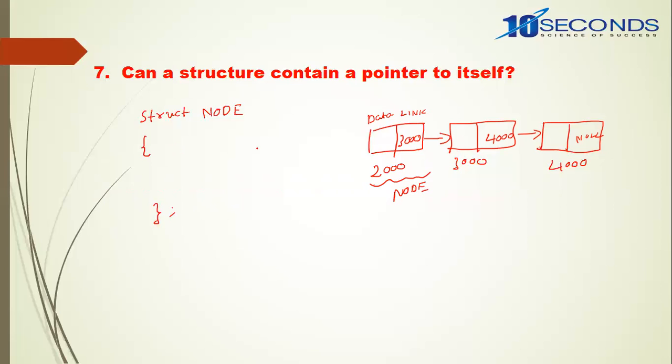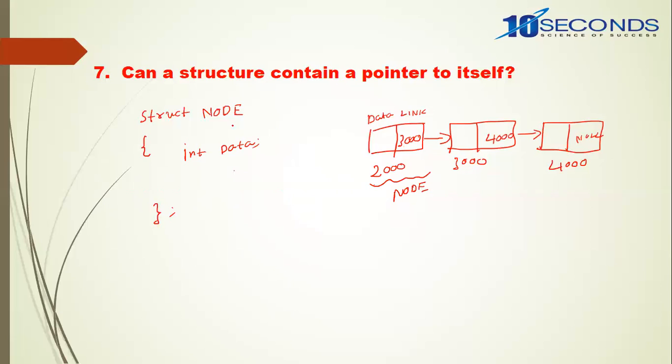So here, this data field is, think of integer. I give int data. Link is a pointer variable because it holds the address. So star link, but it holds the address of what?